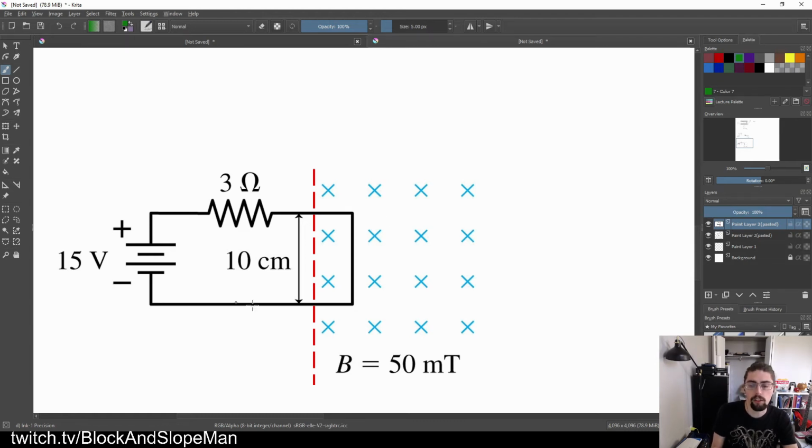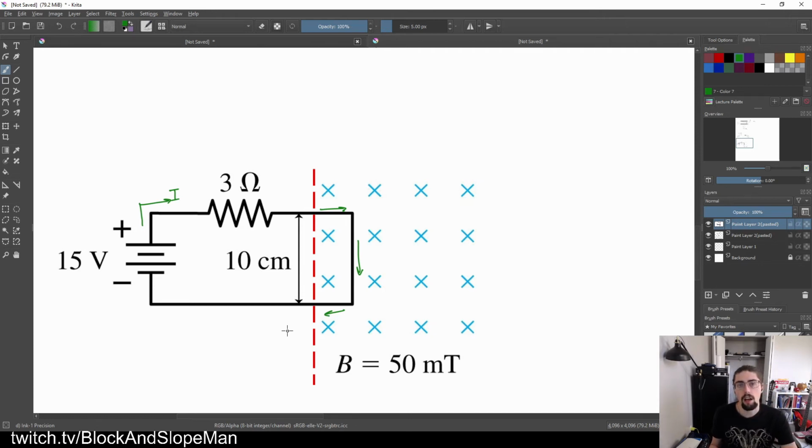But this is a really simple circuit. So I can look at this and say, hey, there's no crazy loops, there's no multiple batteries or anything else. I can just look at this right off the bat and say, hey, current goes this way. And that's that. Let me get back to current later. So each piece of the wire is going to have a current going this way, this way, this way.